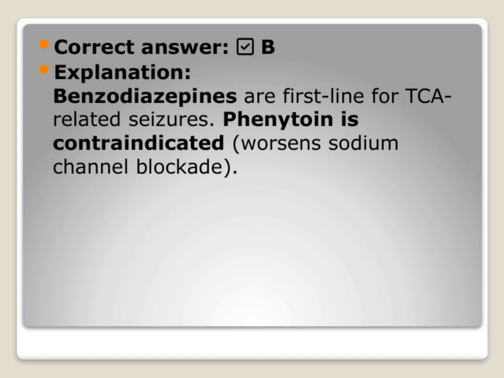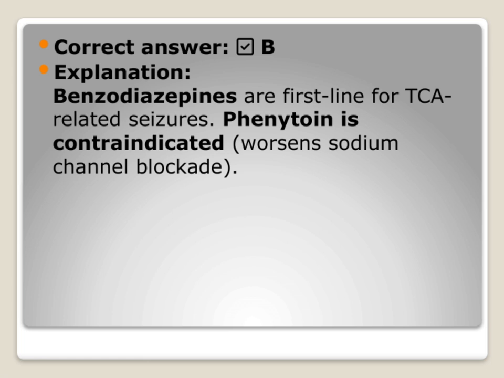Benzodiazepines are actually the first-line treatment for seizures caused by tricyclic antidepressant, or TCA, overdose. They work quickly to control seizure activity. On the other hand, phenytoin is contraindicated in this scenario because it can actually make things worse.